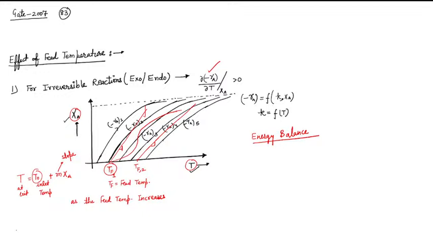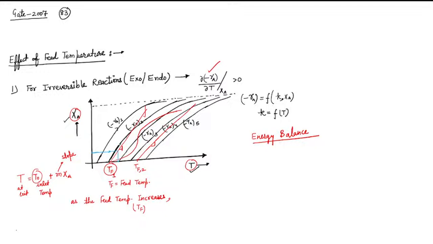As the feed temperature Tf increases, tell me about the rate. Will the rate be high or low? That was the fixed conversion at the exit. This will be the rate, and corresponding to this temperature, what is the rate?